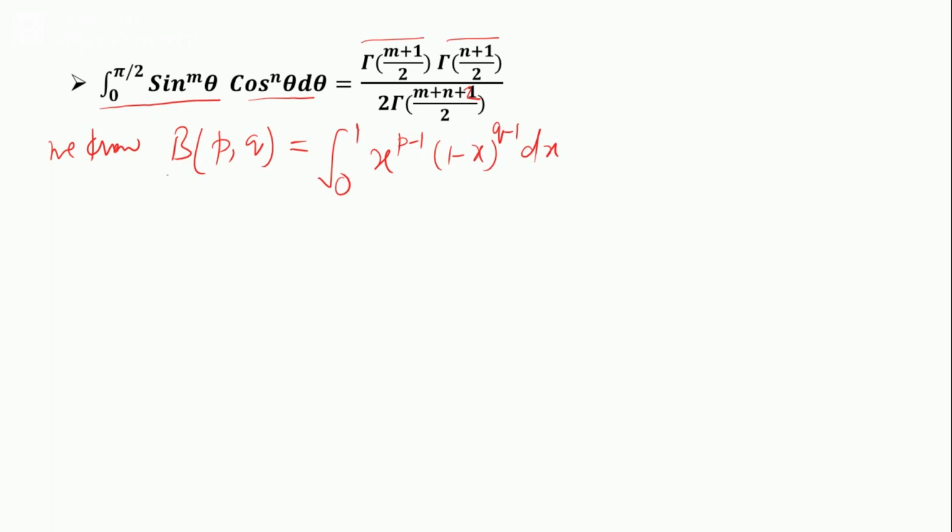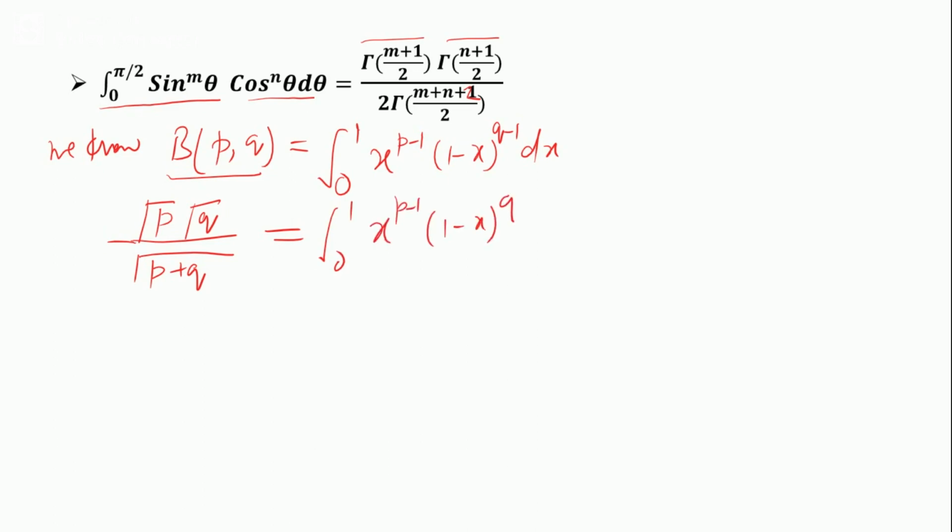Now as we know the relation between the beta and gamma function, which is gamma p gamma q upon gamma p plus q. Now put x is equal to sine square theta.